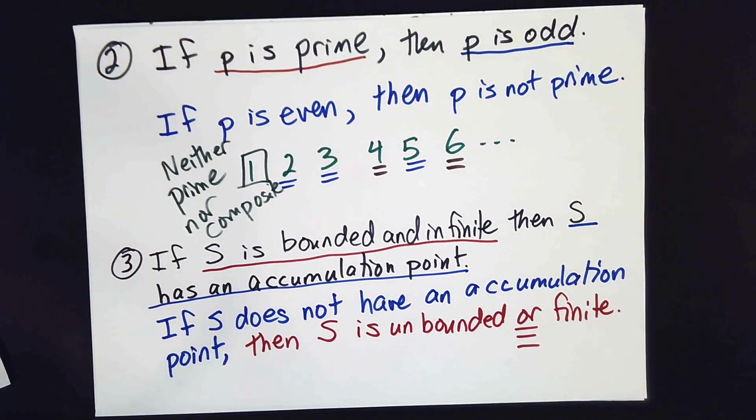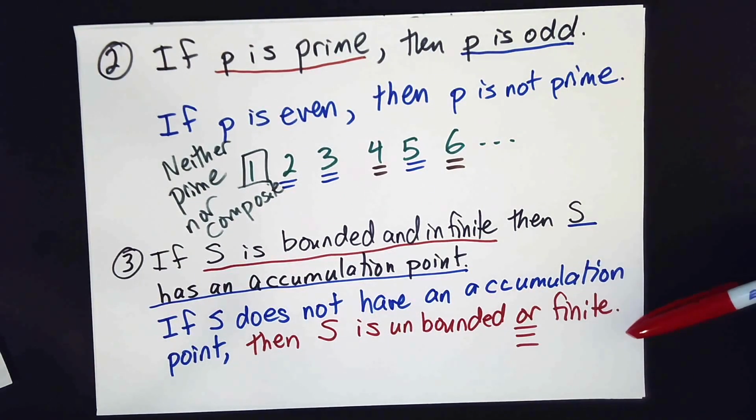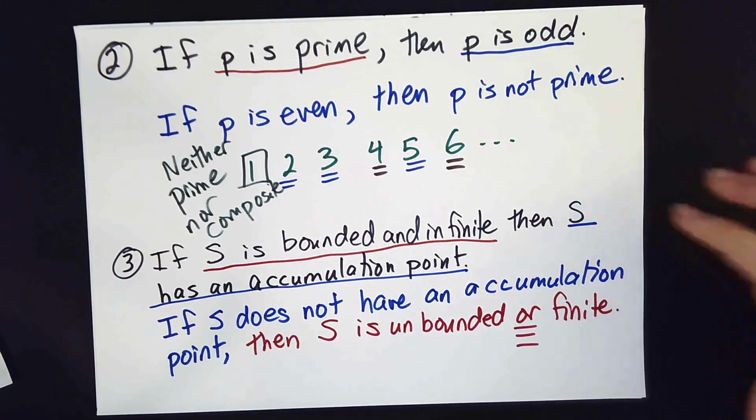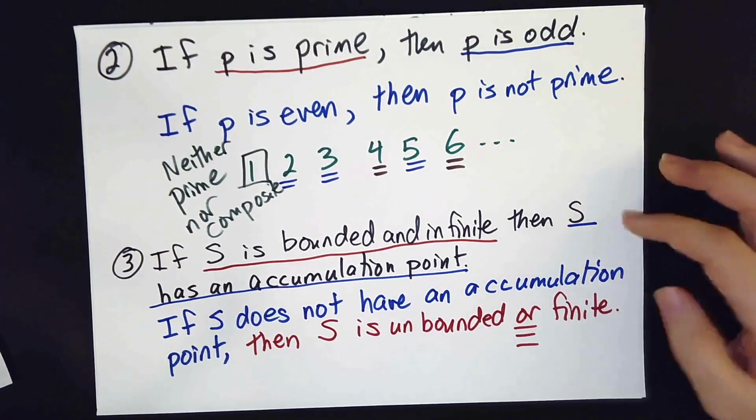Again, we don't need to know what any of these words mean in order to write down the contrapositive here. This is, in some sense, a really raw arithmetic process. We're just applying these various rules of how ifs and thens and nots and ors and all of these things fit together. I promise we'll get to actually understanding these statements later, but for now, we're going to be content with writing down these contrapositives.